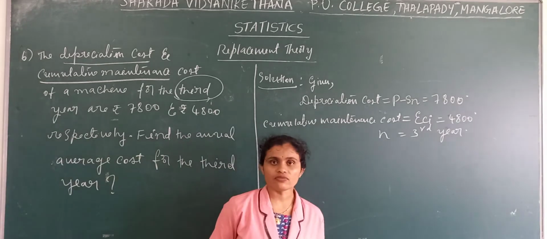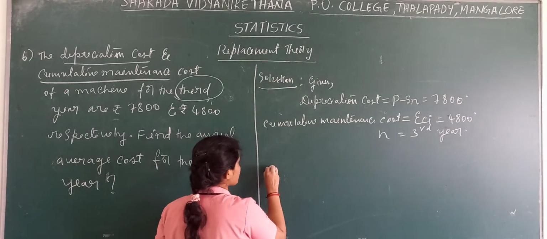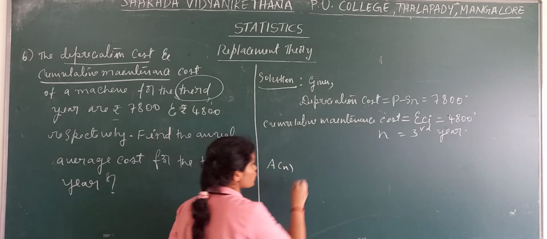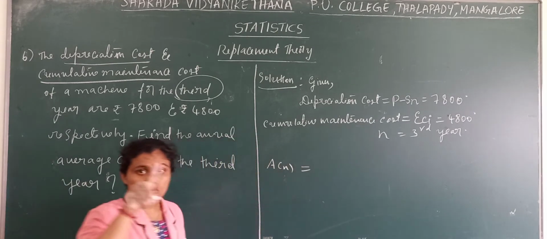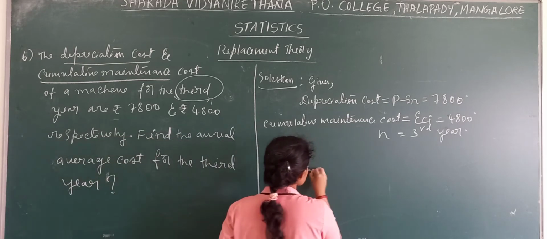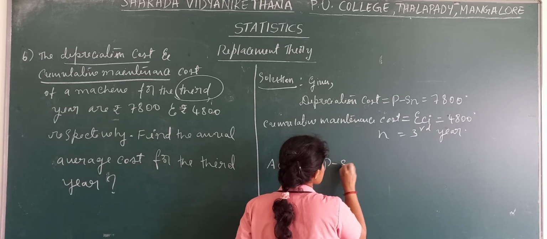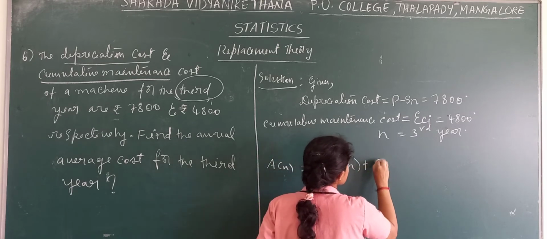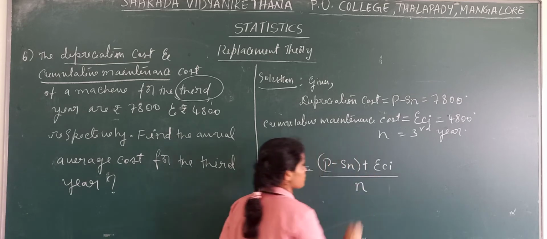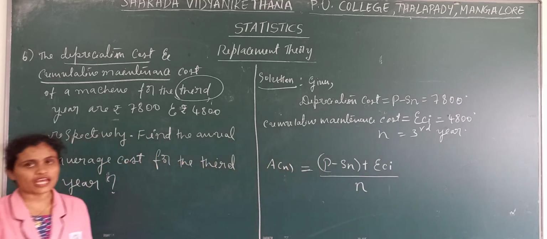Now we need to find their annual average cost. What is the annual average cost? Formula: it is total cost divided by number of years. Total cost is nothing but P minus Sn plus sigma Ci, divided by N. This is the formula for annual cost.